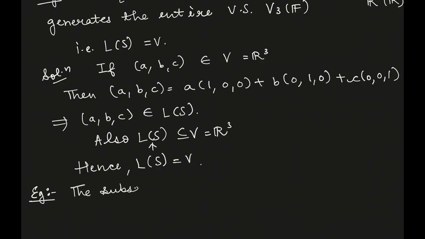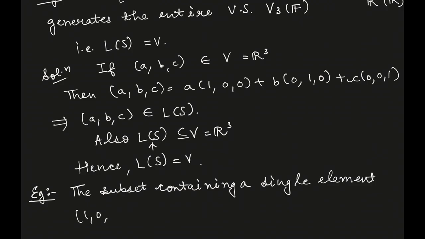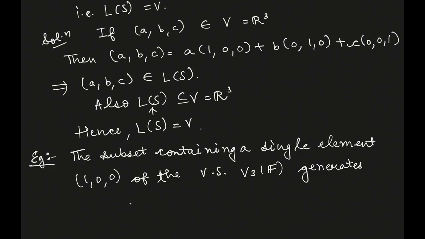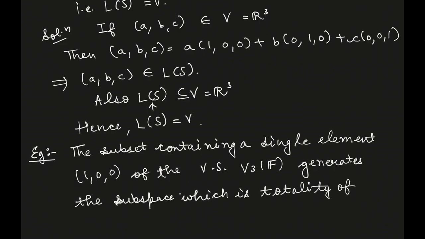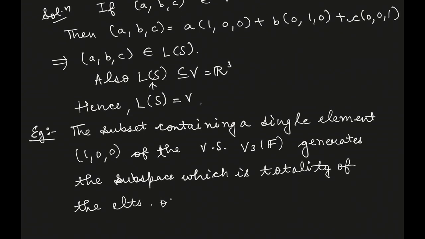The subset containing a single element (1, 0, 0) of the vector space generates the subspace which is totality of the elements of the form (a, 0, 0).